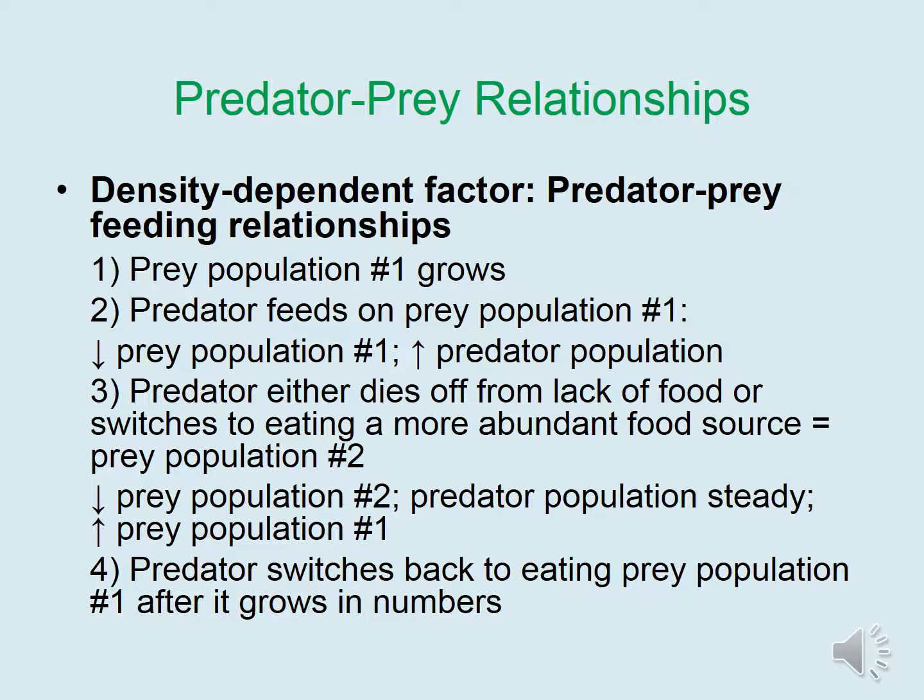This also allows prey population number 1 to increase, such that the predator switches back to eating prey population number 1 after it grows in numbers. Hopefully in this example, you can see that both prey populations and the predator population are kept right around the carrying capacity based on the feeding habits of the predator on the different prey.